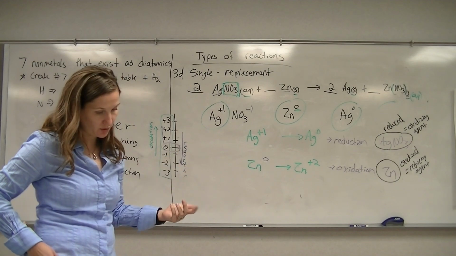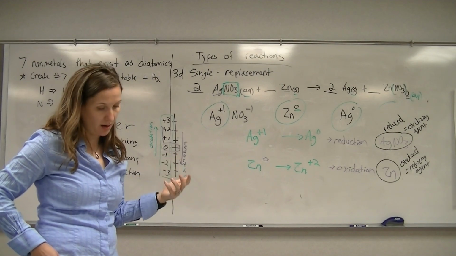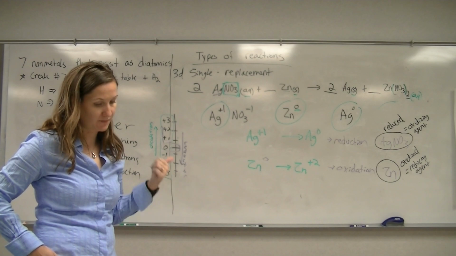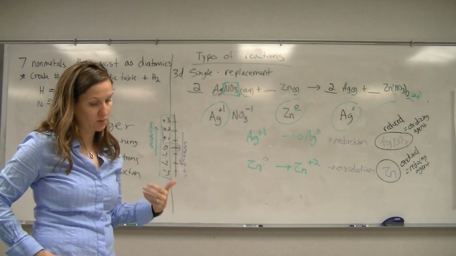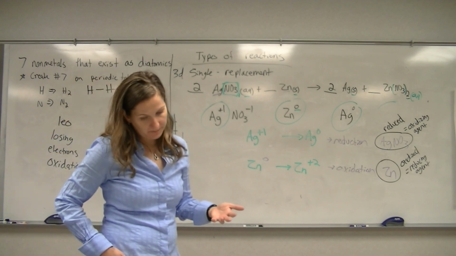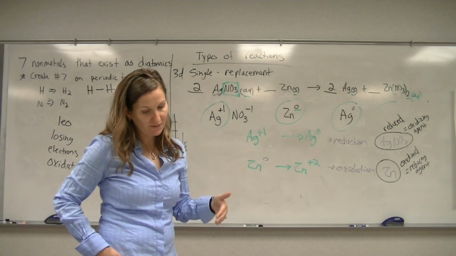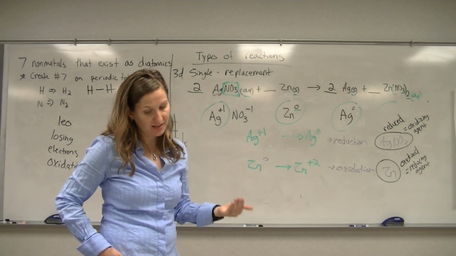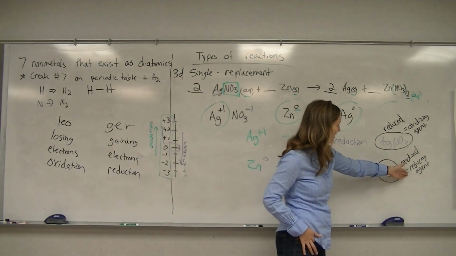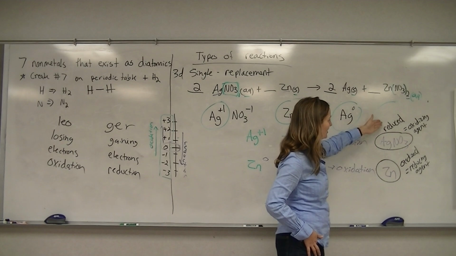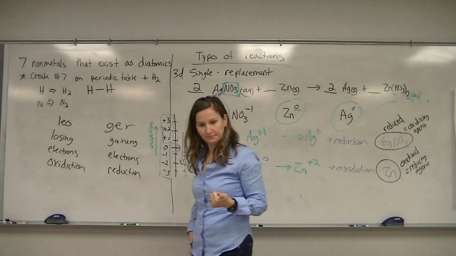So you're going to give the charges on copper and oxygen before and after the reaction, and figure out which one was oxidized and which one was reduced. Whichever one was oxidized, that one is the reducing agent. If it was oxidized, it's the reducing agent. Whichever one was reduced, that's the oxidizing agent.